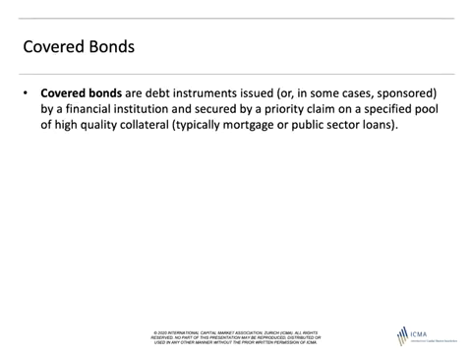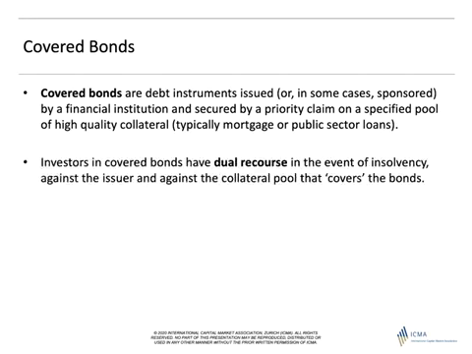Covered bonds are debt instruments issued or in some cases sponsored by a financial institution and secured by a priority claim on a specified pool of high-quality collateral, typically mortgage loans or public sector loans. Investors in covered bonds have dual recourse in the event of insolvency against both the issuer of the covered bonds and against the collateral pool that covers the bonds.